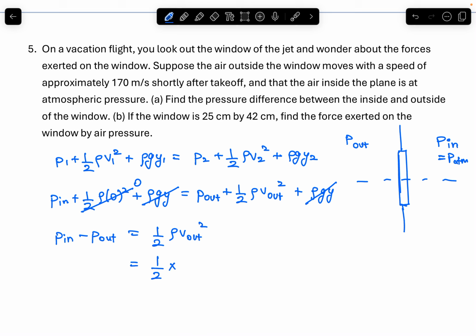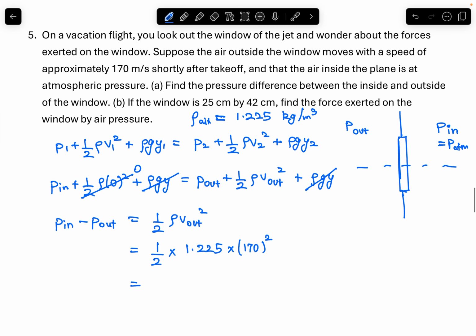Substituting the values, the density of air is 1.225 kg per meter cube, so we'll use that value times the velocity, 170 meters per second, squared.